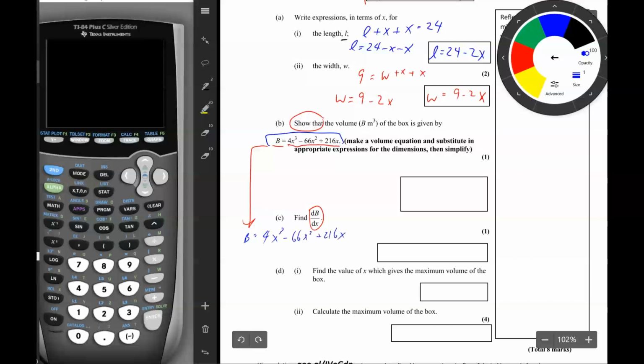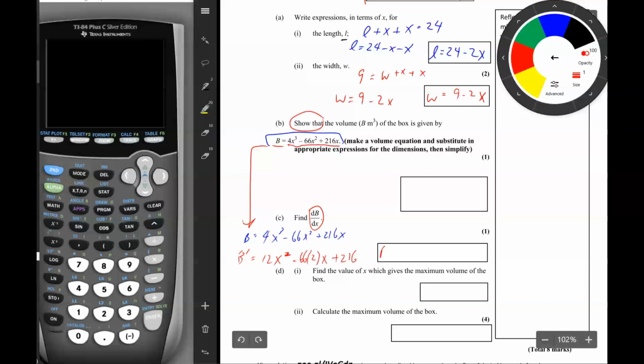I'm going to take the derivative of this and write it in red, so b dash or dB dx, either way. 4 times 3, which is 12, x squared minus 66 times 2x plus 216 with no x, right?